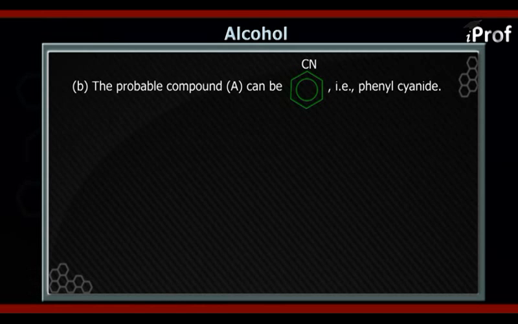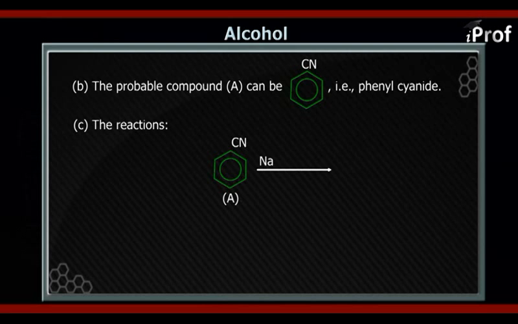Now as per the information again, the reaction of A with sodium and ethanol gives basic compound B. Now what you have is RCN, that is phenyl cyanide, and when you react it with sodium and ethanol, if you remember, this is the reagent for Mendius reduction, which we have already discussed in the chapter alkyl halides.